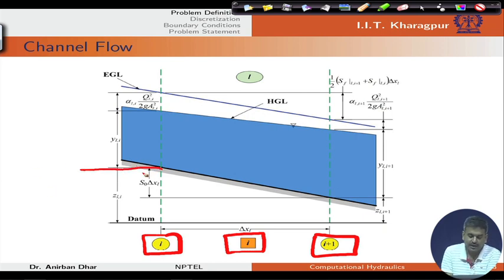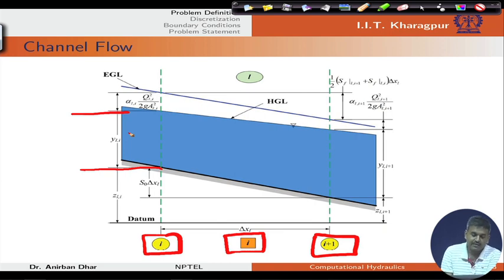So, this is elevation head, then Y L I, this is our flow depth, and on top of that we have kinetic energy head, or this is alpha L I Q L I square divided by 2 G A L I square.